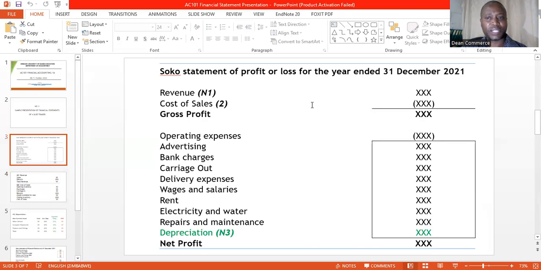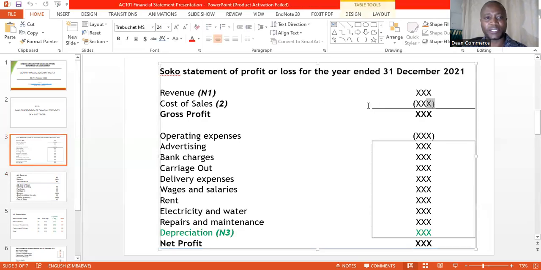So let's come to the next figure here, which is the cost of sales. The cost of sales is note number 2, which means we have to write N2 there. And note number 2 is this figure here, which is cost of sales.